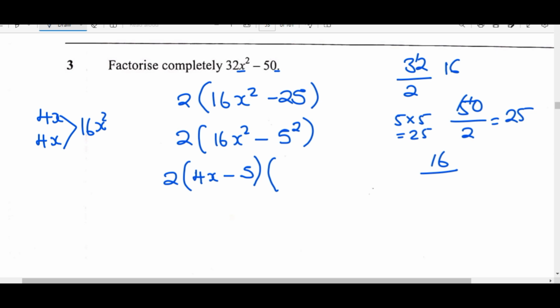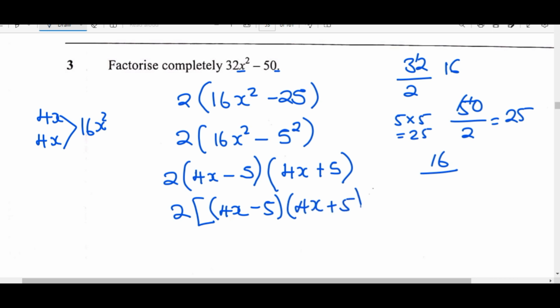So in this case, again we'll write 4x plus 5, because here there is a minus, so here we're going to write a positive. So meaning that once you close, this is when you multiply everything, and you write it properly, and then you close, you open.